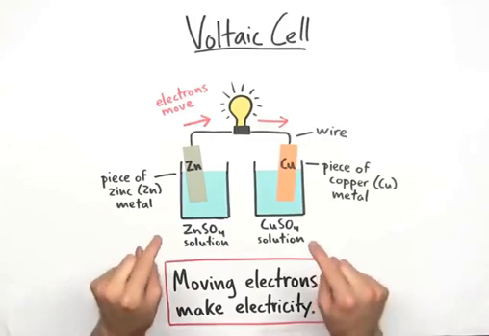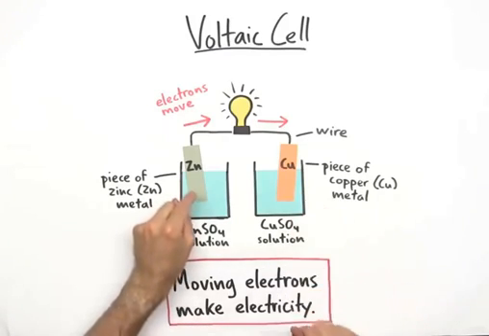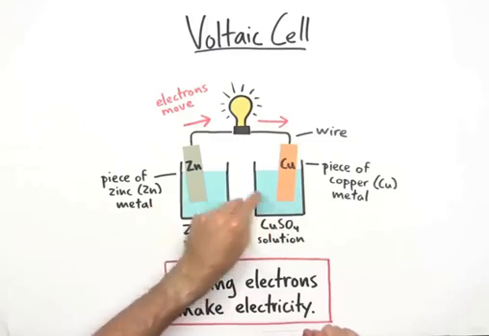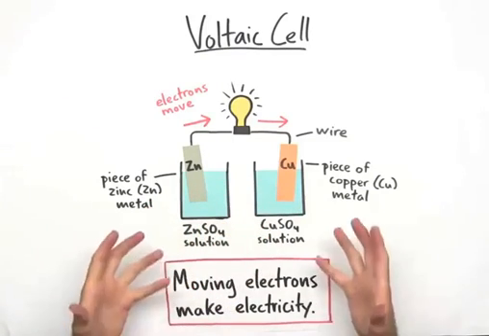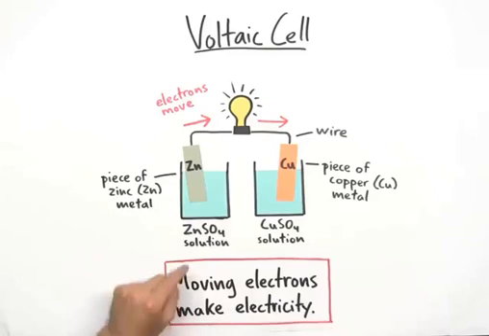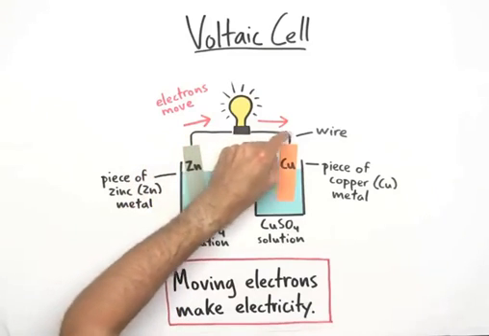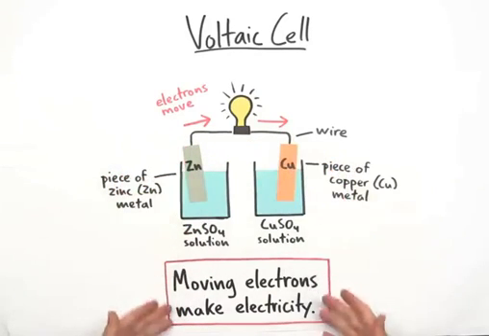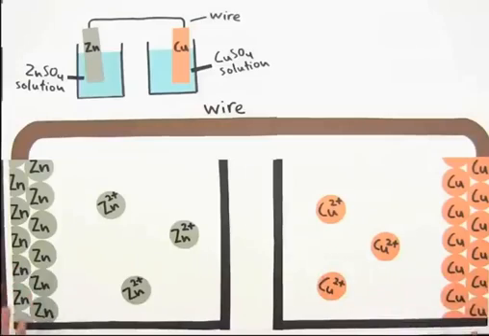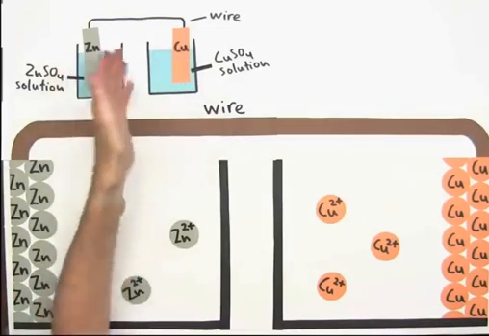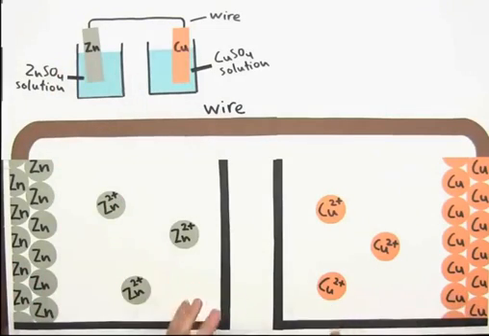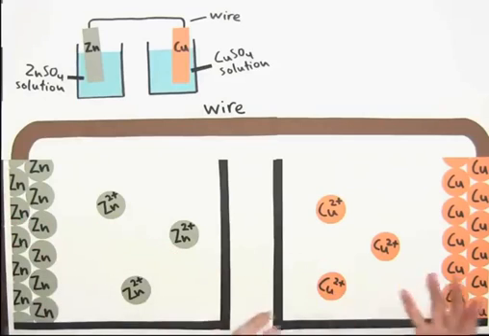Now, I want to zoom in so that we can see the atoms and electrons in the metal and in the solution and understand what's causing electrons to move along this wire and create electricity. Here's our magnification of the different parts of the voltaic cell. We can see some of the atoms in the metals and in the solutions.